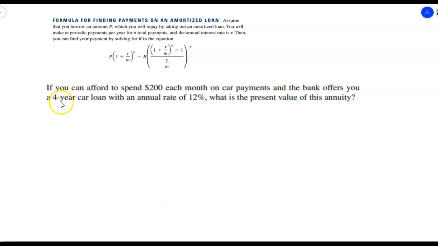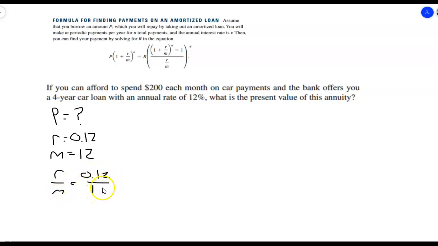So let's go ahead and solve this one. So P is what we're going to be solving for. The rate is going to be 0.12, the 12% in decimal form. The M is going to be, we're making monthly payments, so the compounding periods have to equal that. So that's going to be 12. Let's go ahead and find R over M. That's going to be 0.12 divided by 12.